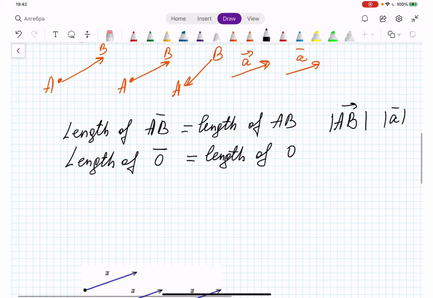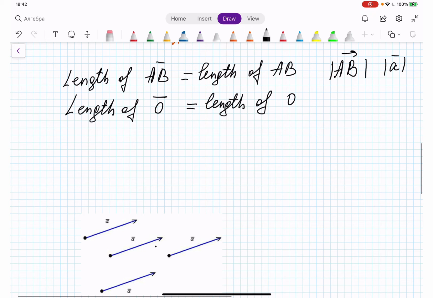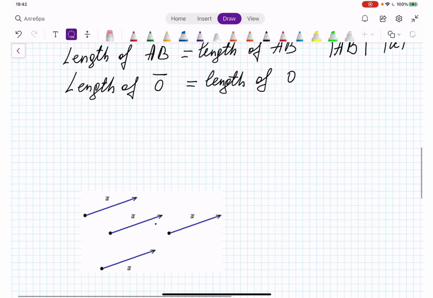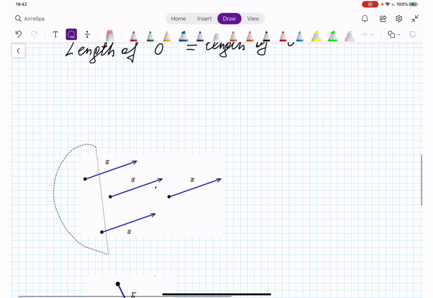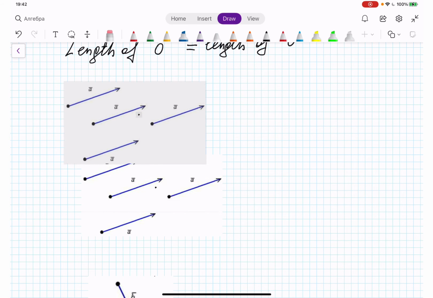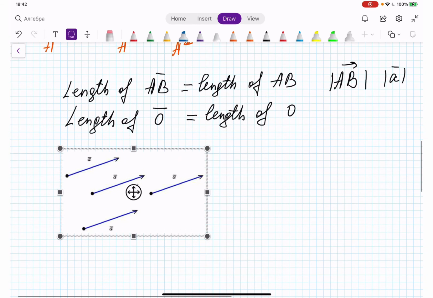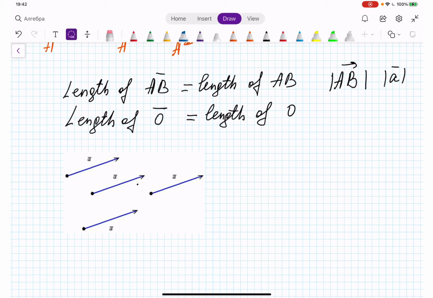Now let's take the following vectors I have prepared, so as not to spend time on drawing here. What are these vectors interesting for?